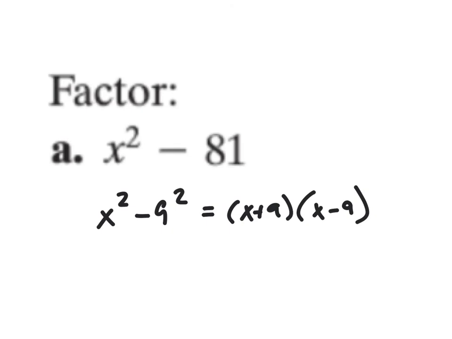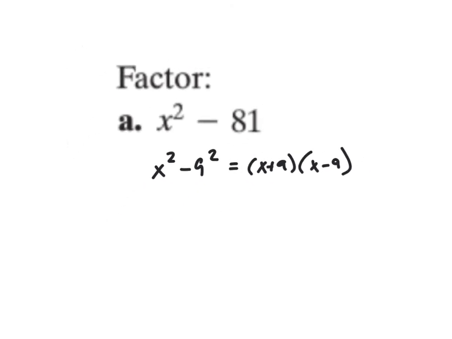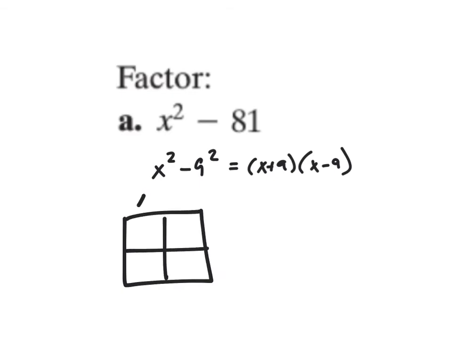Now let's see about why this works, okay? If I draw a box and I multiply this out, x plus 9, x minus 9. If I take x times x, that's going to give me x squared. If I take x times 9, that's just going to give me 9x. If I take x times negative 9, I'm going to get negative 9x.